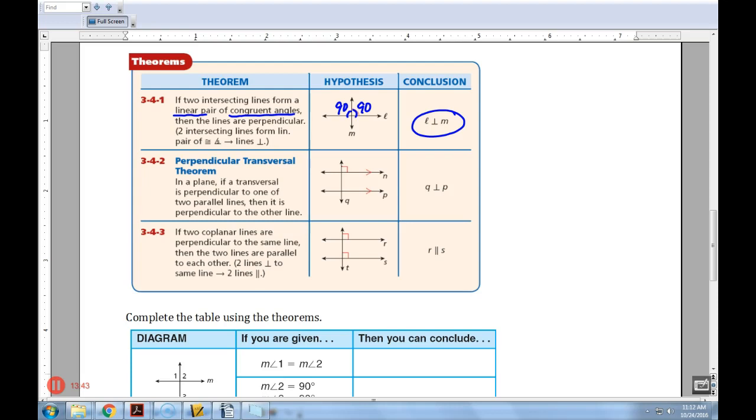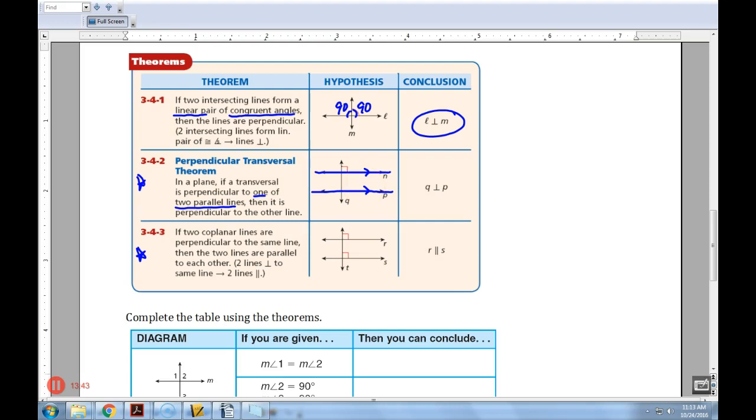Now, these two are kind of similar, but they are both pretty important. So in the first one it says, in a plane, if a transversal is perpendicular to one of the parallel lines, then it has to be perpendicular to the other. What that means is, I have this line here, and I have this line here, and I know that those two are parallel.